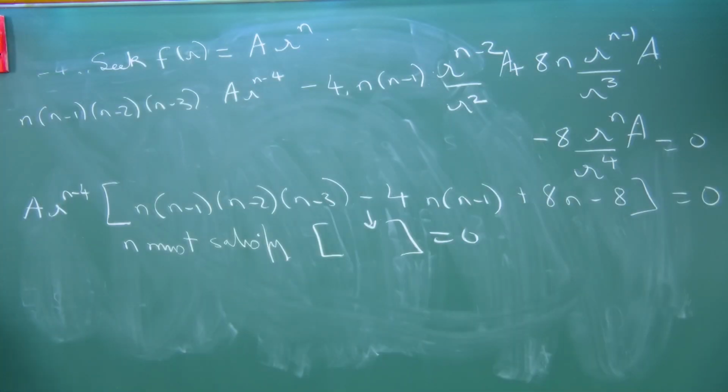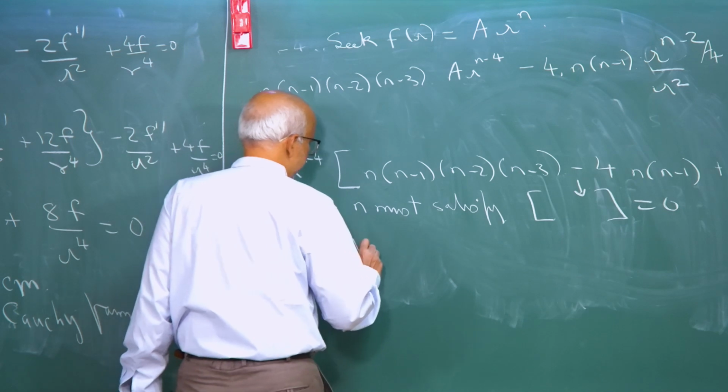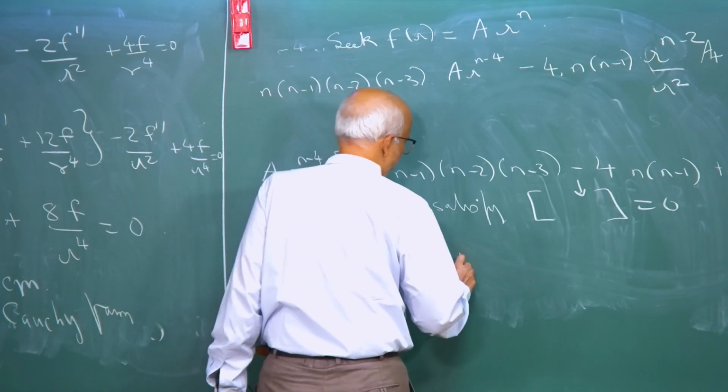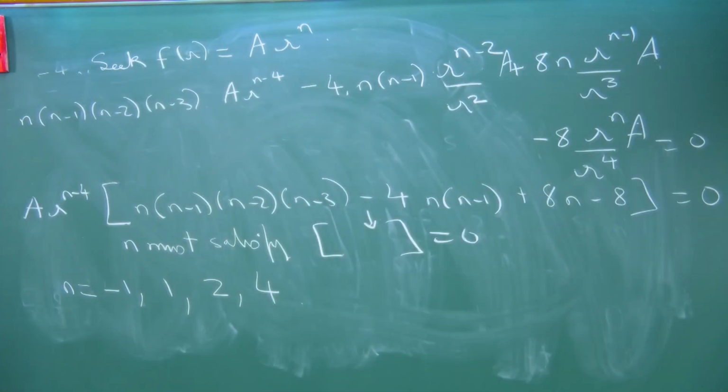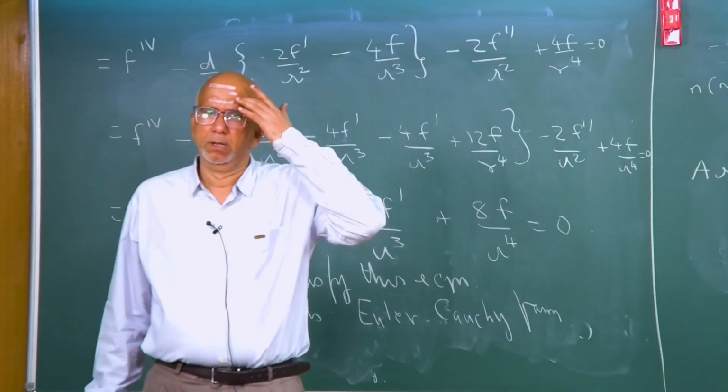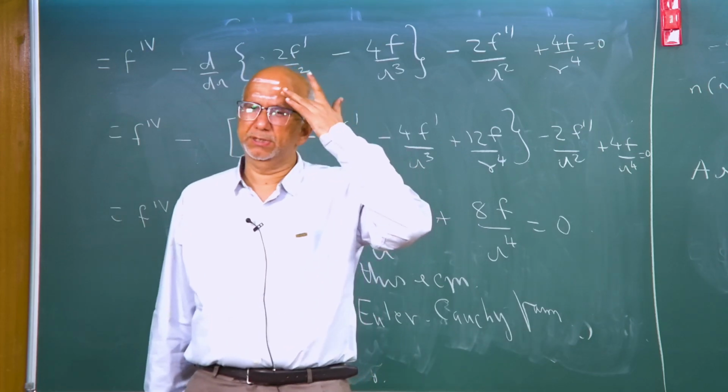And you can find what the roots are, okay, and the roots are integers. I remember these roots. So, n, the 4 roots minus 1, 1, 2 and 4, okay. So, these are the 4 roots this has to satisfy.